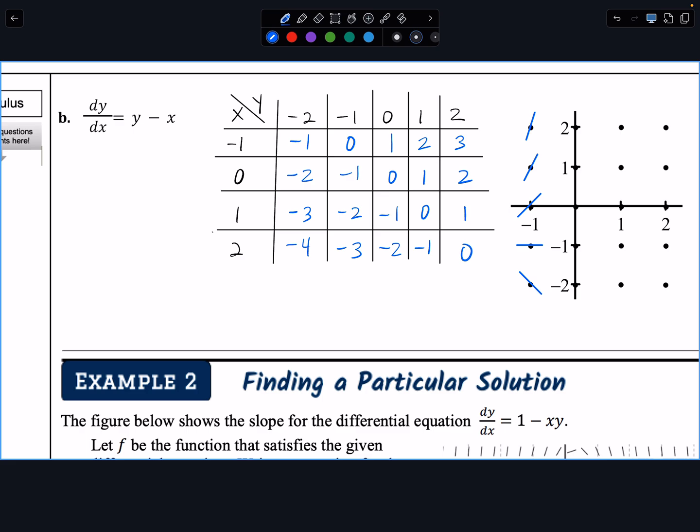All right. For x is 0, it's going to be -2, so a little bit steeper. And then -1, 0, 1, and then 2. At 1 comma -2 is -3, so it's kind of steep. -2, so a little less steep. -1, 0, and then 1.